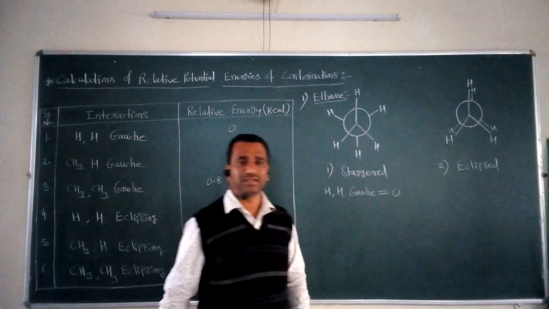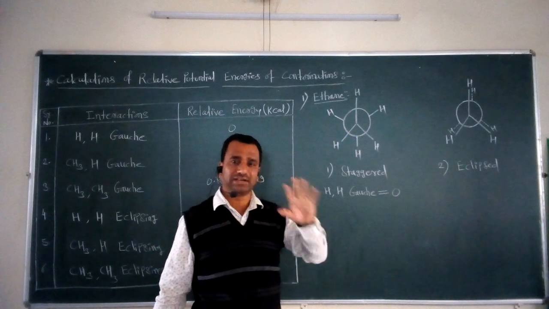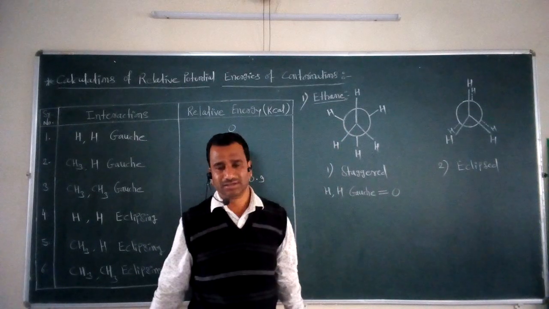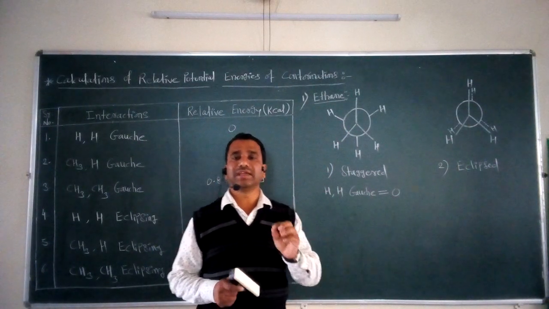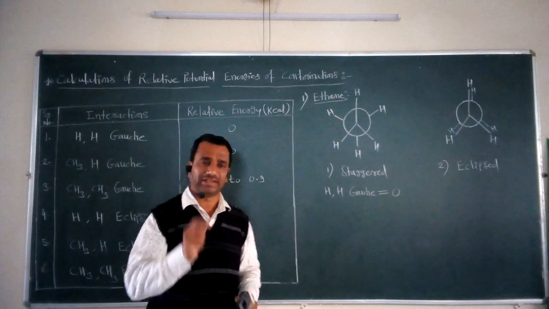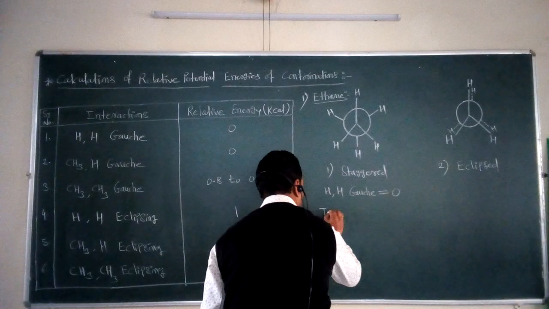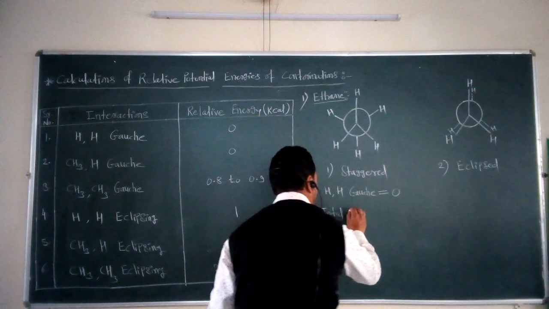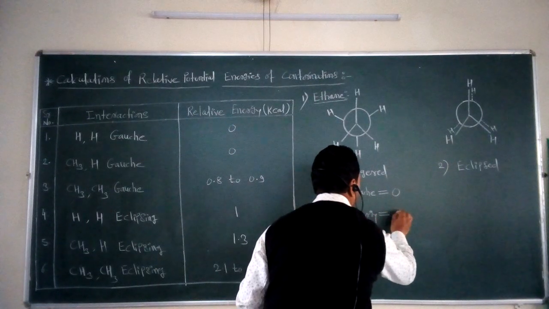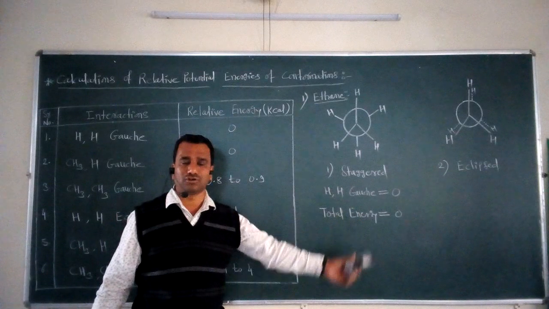Now in this conformation, how many hydrogen gauche interactions are present? This is the first interaction, this is the second, and this is the third. But the magnitude for each gauche interaction is equal to 0, and that's why the total energy for this particular conformation comes out to be equal to 0.